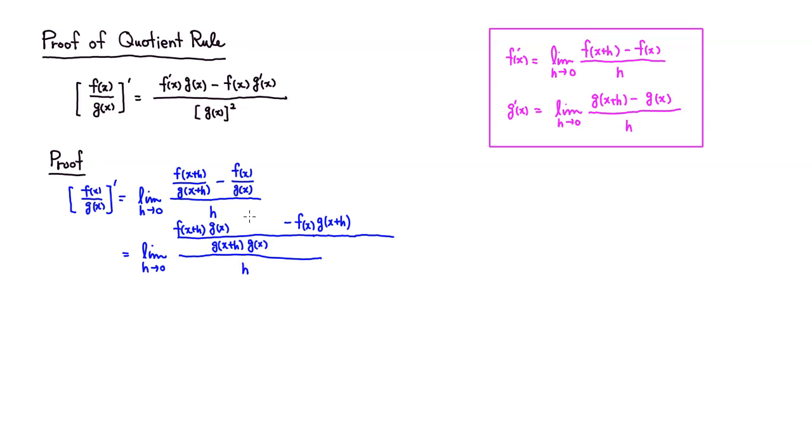Since I know what I'm trying to get, I need the f prime. Remember that f prime involves f of x plus h minus f of x. So f of x plus h is sitting right here, and I'm going to put the minus f of x here.